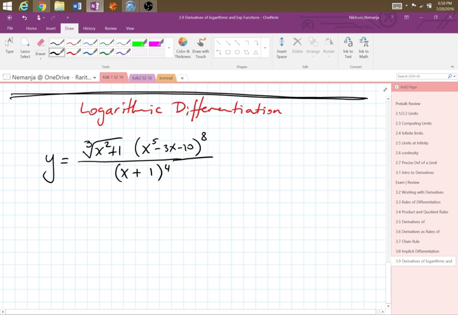This thing as is times, open parenthesis, and we're going to start here: 1/3 times 2x over x squared plus 1, plus 8, and then you have the 5x to the 4th minus 3 divided by x to the 5 minus 3x minus 10, minus 4 times 1 over x plus 1, close parenthesis. And that is the factored form, the derivative in the factored form of this problem.